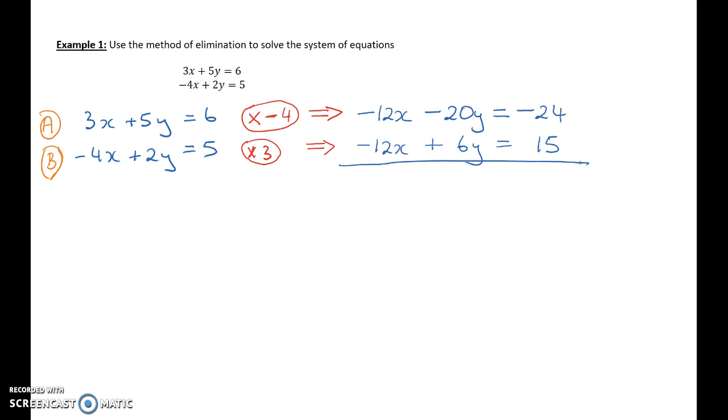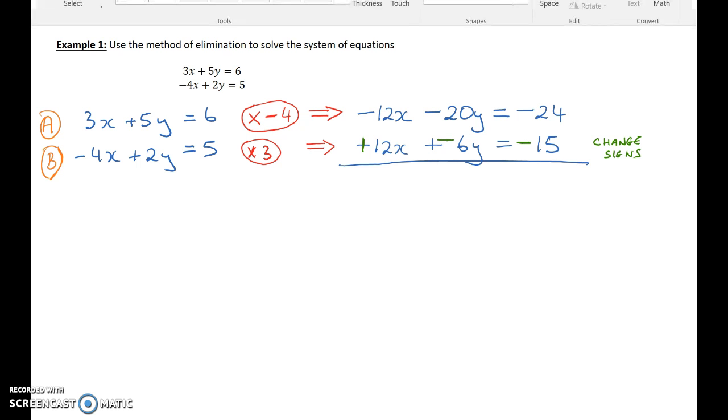We could do either, but we'll change all the signs on the bottom line. So minus 12x becomes plus 12x, plus 6y becomes minus 6y, and 15 becomes minus 15.